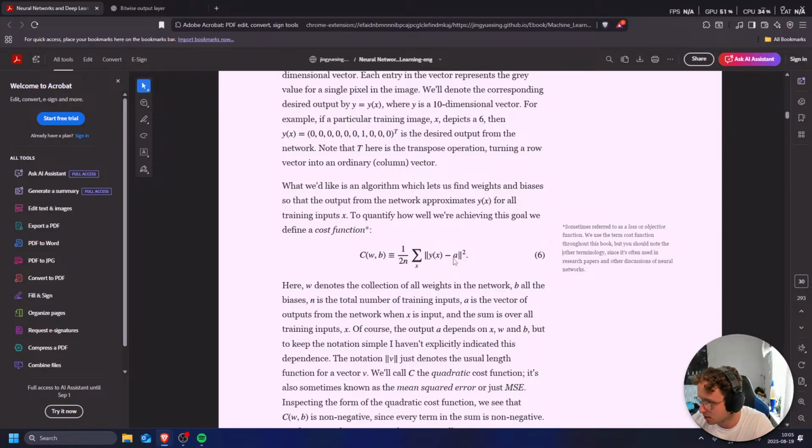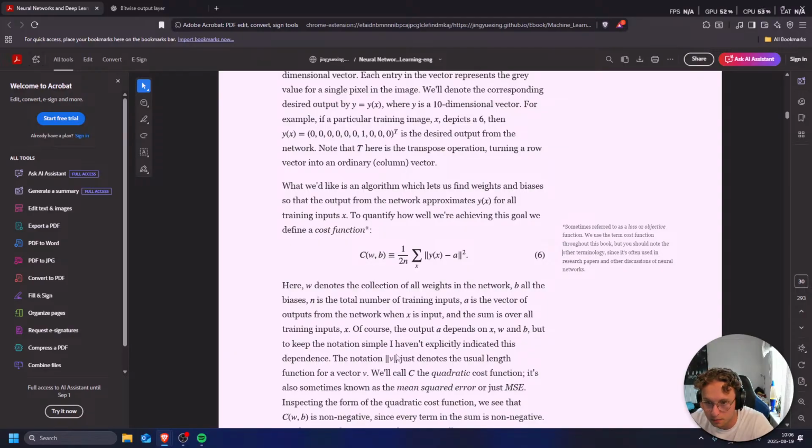That makes sense. Of course, the output a depends on x, w, and b, which makes sense. Otherwise, this would not be a function.